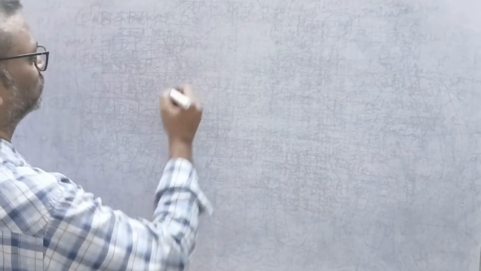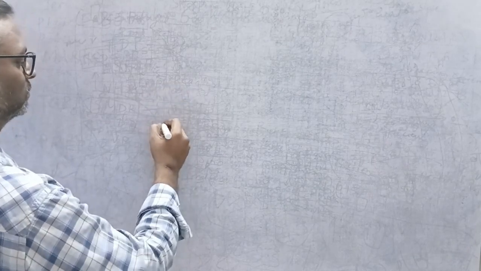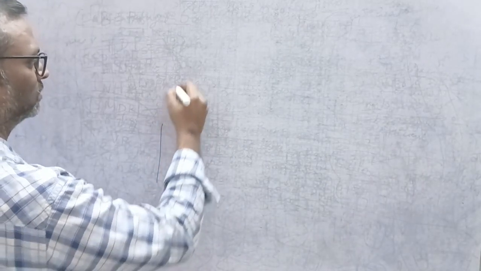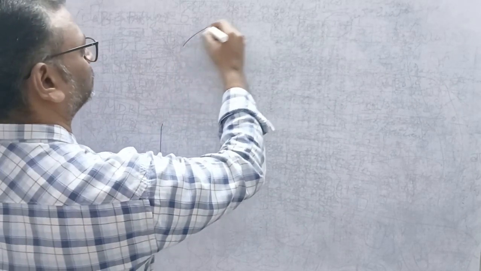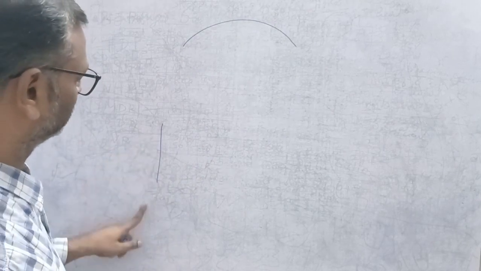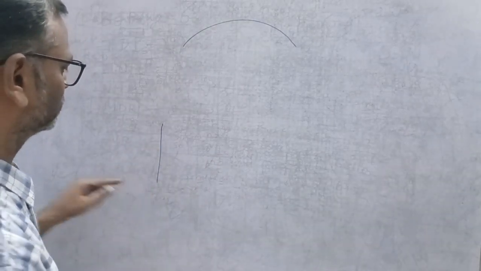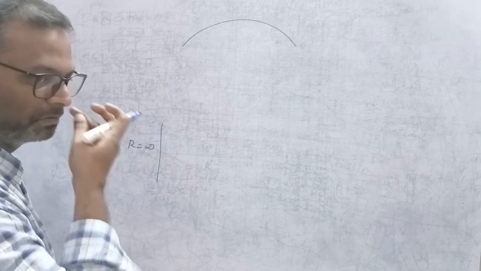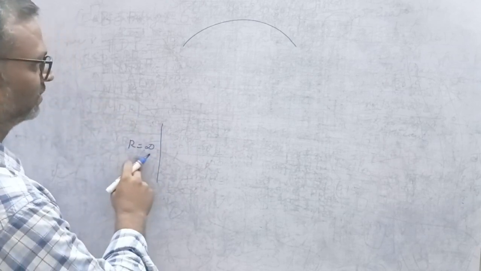Now, see horizontal transition curve. Suppose there is a straight road and there is a curve here, a circular curve. Now you see, the straight road has no radius, that is, the radius is infinite.